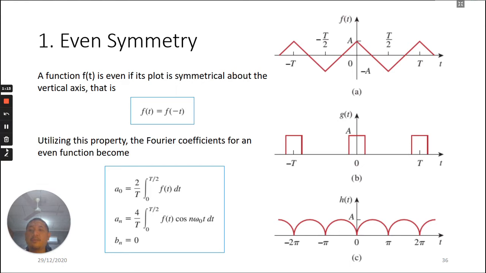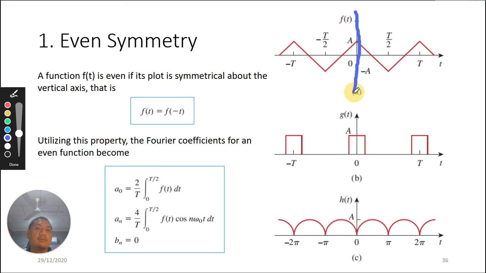All right, so here we have an example of even symmetrical signals. The function f(t) is called even symmetrical or even symmetry when it is symmetrical about the vertical axis. So we have a signal here, and this is the vertical axis or y-axis.